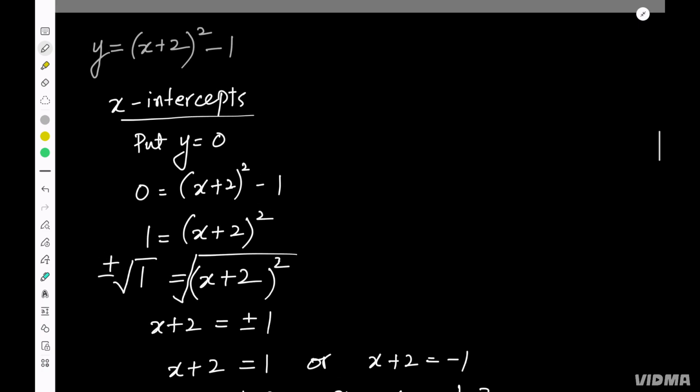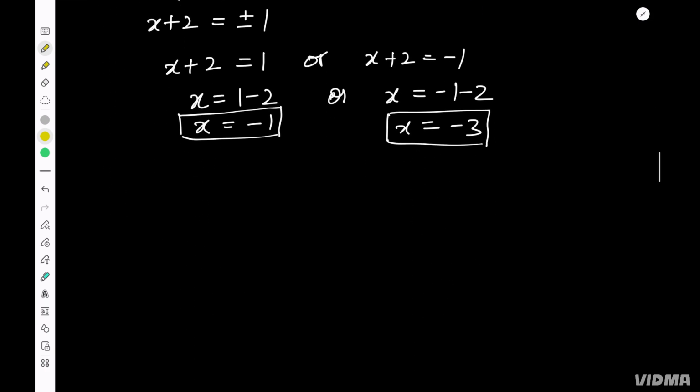And we can also see that we have a positive coefficient over here, positive 1. So it means the parabola would be a happy face like this due to the positive coefficient.